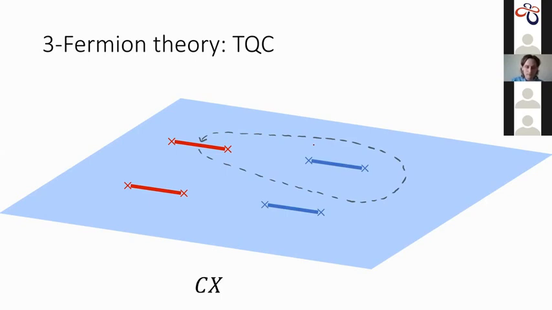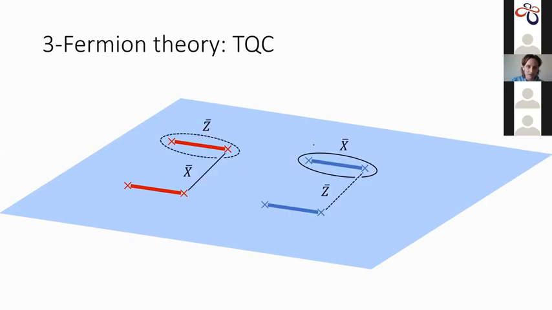Maybe I should just slow down for a second. If we come back to this slide, the X string operator on the left is going to braid non-trivially with the Z string operator on the right, which is what gives you this non-trivial gate there. In some sense, it's very similar to the normal toric code, because you have different kinds of holes that can hold some non-local charge that can braid non-trivially with each other because they're different.